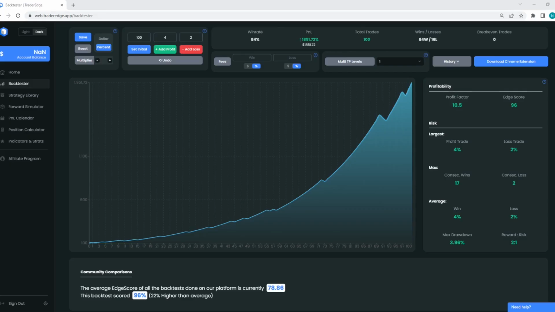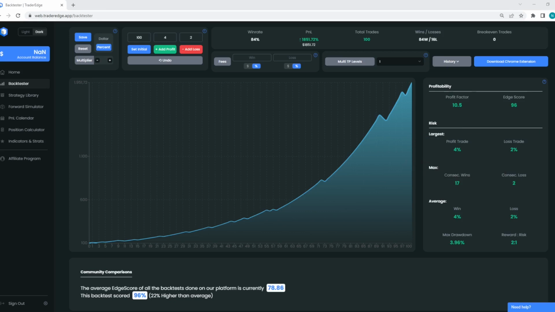So guys, as you can see, after a total of 100 trades, we managed to get a win ratio of 84%, which pushed our account about 1,851% into the profit. For these 100 trades, we took approximately 1 week, and the risk reward ratio was 2 to 1, and on each trade we risk 2% of our capital in order to make a profit of 4%, and this paid out very great.